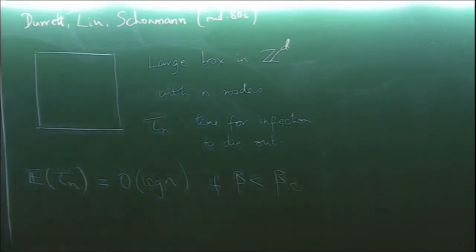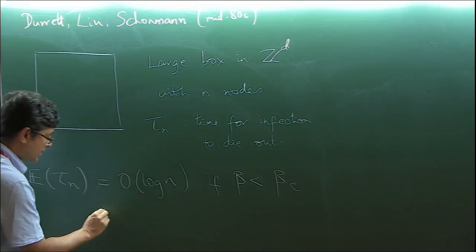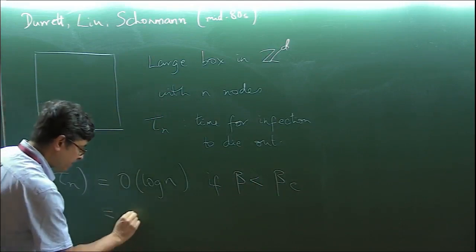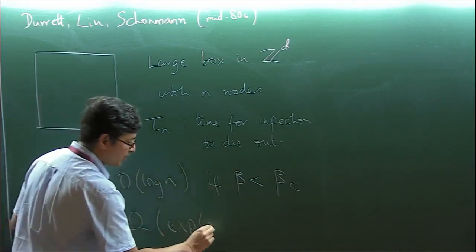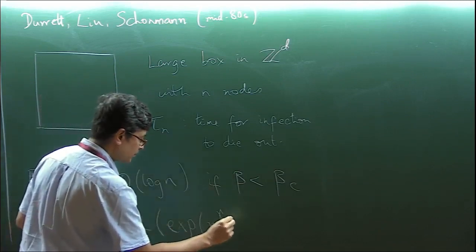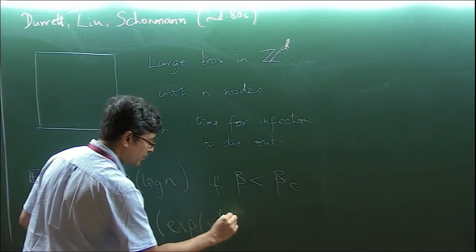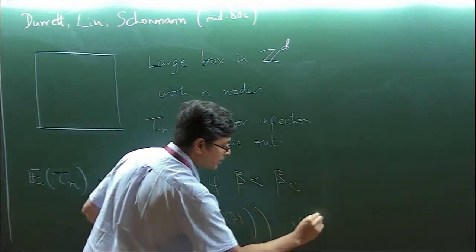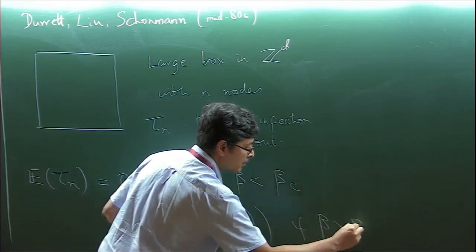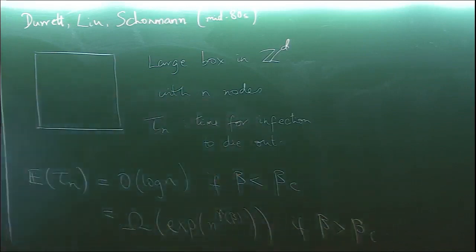If beta is smaller than the critical value. And if beta is above criticality, it grows exponentially like some power of n. Okay.